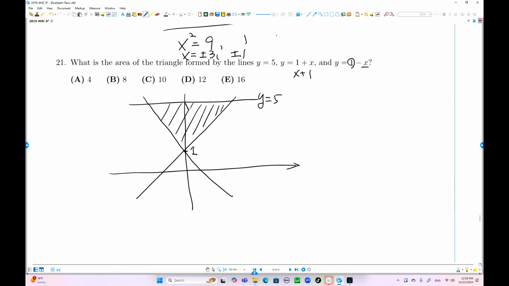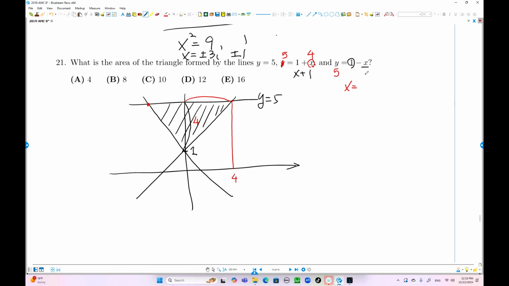But we know that this height is how much? This height is 5 minus 1 is 4, right? So we're going to find this length. Okay? If this is 5, what is the value of x? X is 4, okay? So this one will be 4. The other one is negative, also 5. The other one is how much?